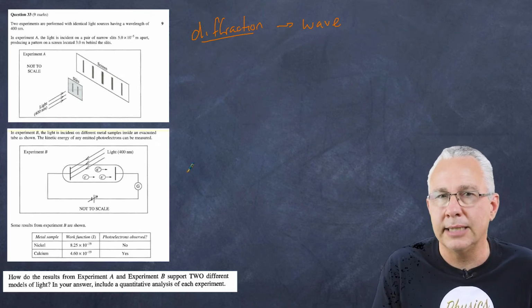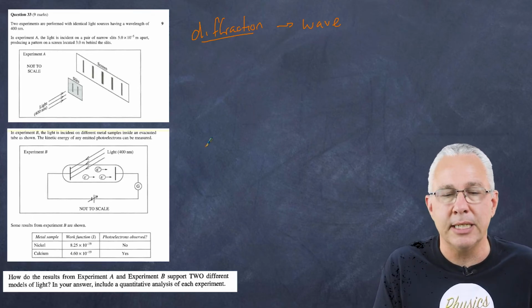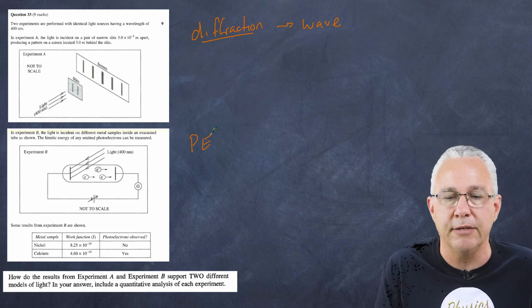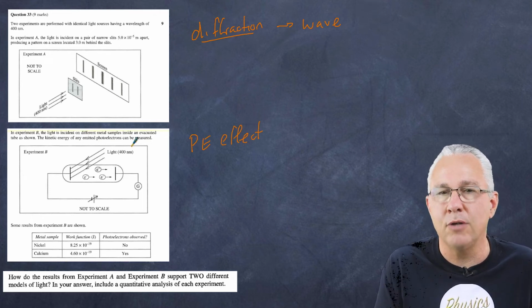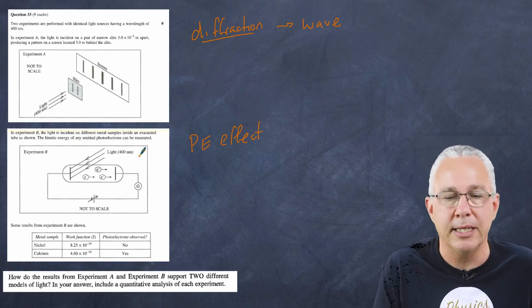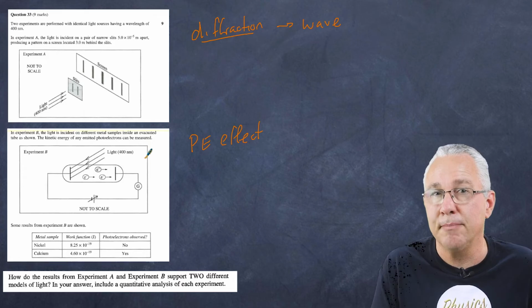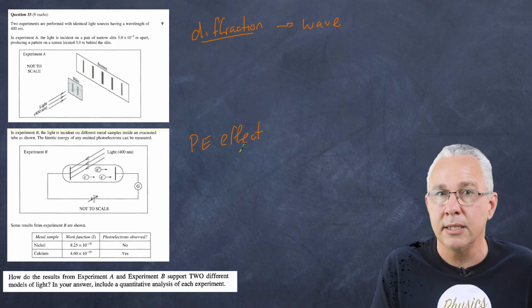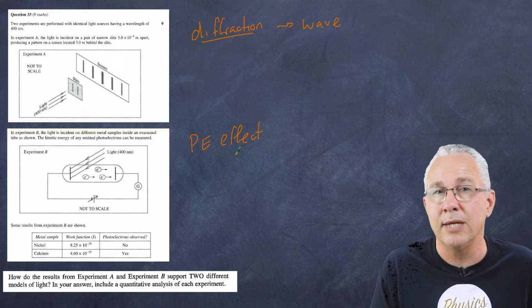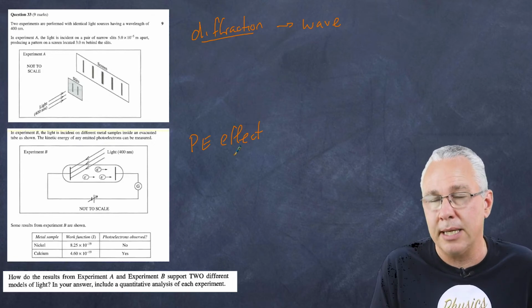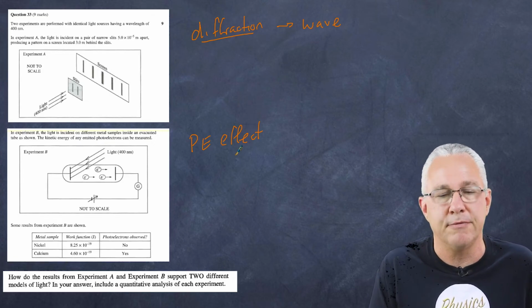Well, what about our second experiment? Our second experiment is all about the photoelectric effect. And in there you have light arriving at 400 nanometers, but they're arriving as photons because the electrons that are emitted can only be emitted if they receive one photon, and whether they are emitted or not is dependent on the frequency of that photon.